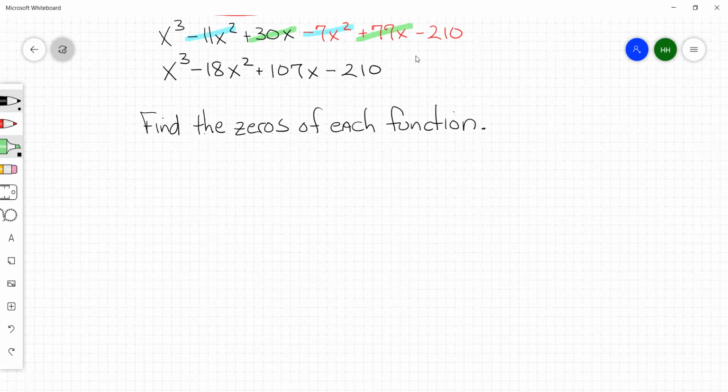State the multiplicity of multiple zeros.